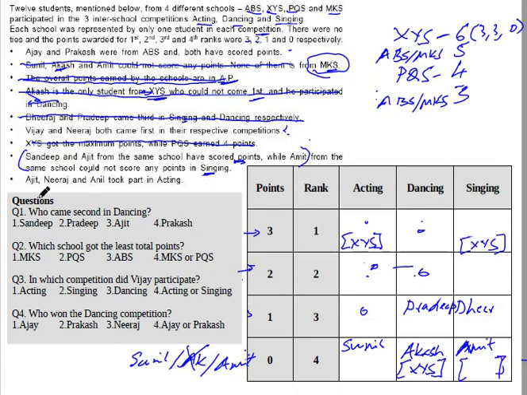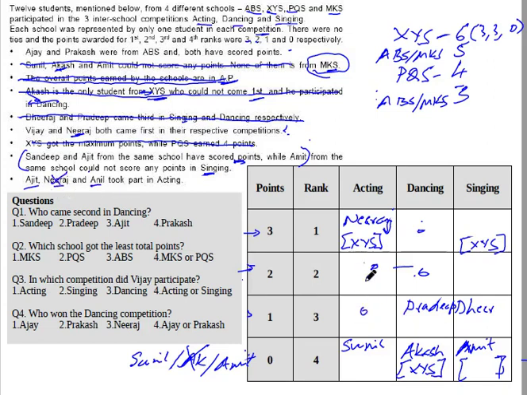Ajit, Neeraj and Anil took part in acting. These are the 3 people who took part in acting. Now I know Neeraj came first, so this has to be Neeraj. Then you have Ajit and Anil.